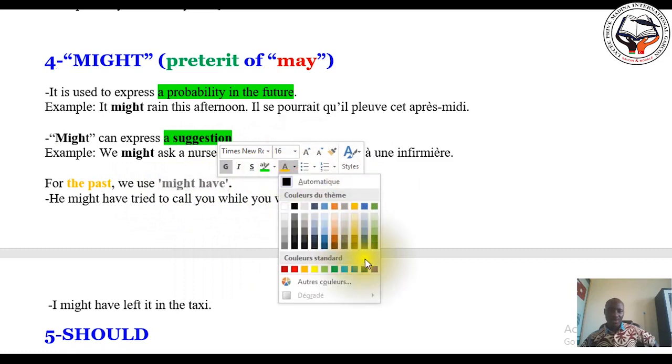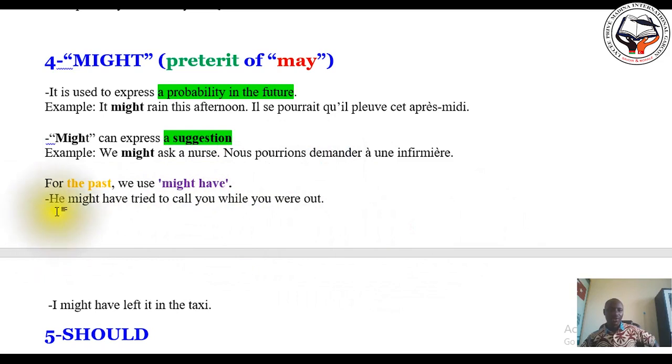For the past we use might have. Okay, we have said that might is the preterite of may. But if it is in the past, we use might have. I want to use it in the past. Might have in the past.